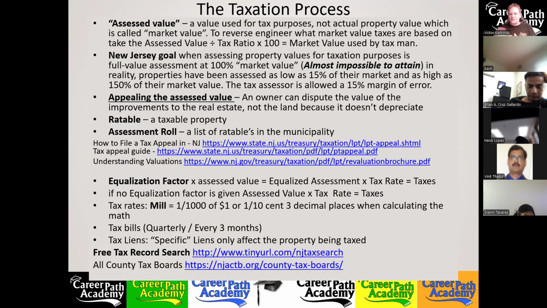You could do a CMA to figure out what the market value is on that property to see if they overestimated the value. If they overestimated the market value by more than 15%, you could do a tax appeal and win it. So how do you do a tax appeal? You appeal the assessed value. An owner can dispute the value of the improvement to the real estate, but not the land itself.